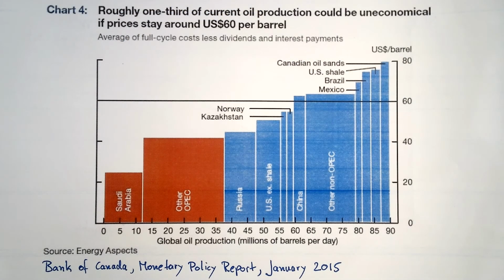Let us have a look at an applied example to illustrate the concept of the supply curve and how it coincides with the marginal cost. Now here I have a graph which is published by the Bank of Canada in their monetary policy report from January 2015. Okay?